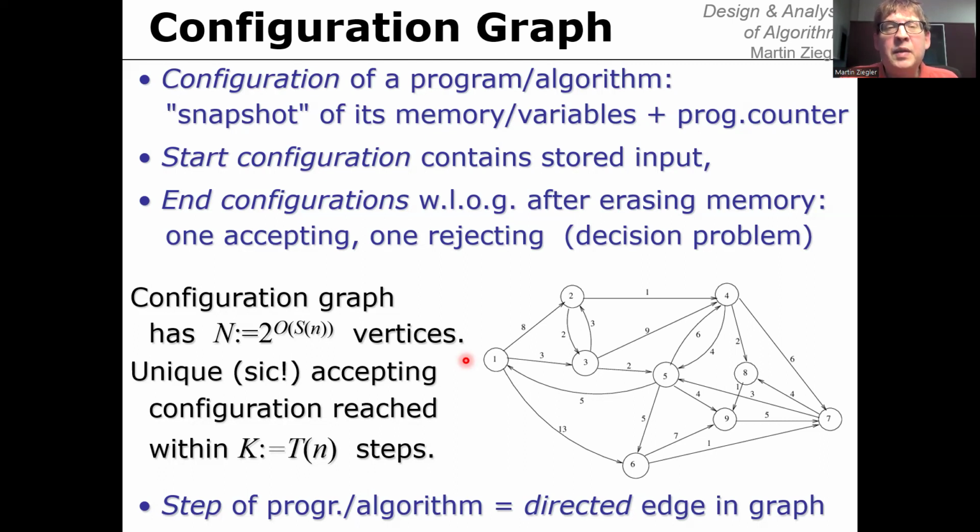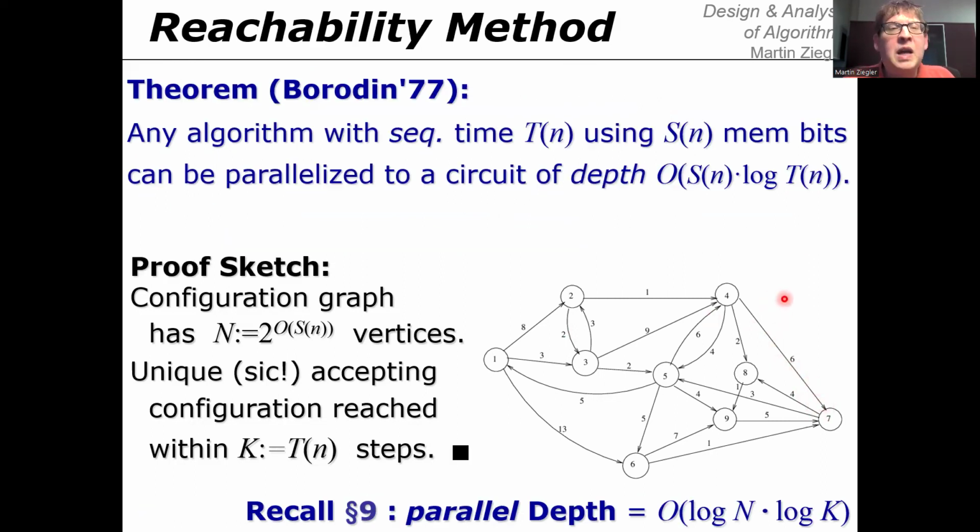So you see how this configuration graph and the reachability question give an entirely new and highly abstract perspective on algorithms. We used to consider an algorithm as a sequence of instructions and possible loops. But from this perspective, an algorithm is an implicit, possibly huge graph, and each step corresponds to following an edge in that graph.